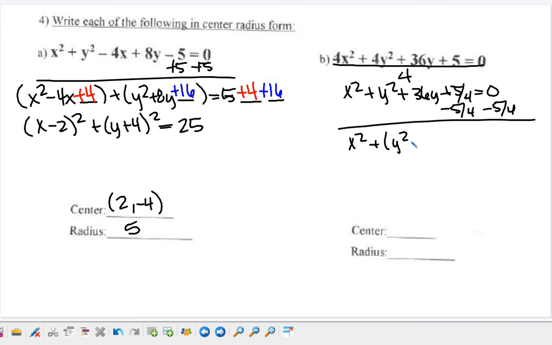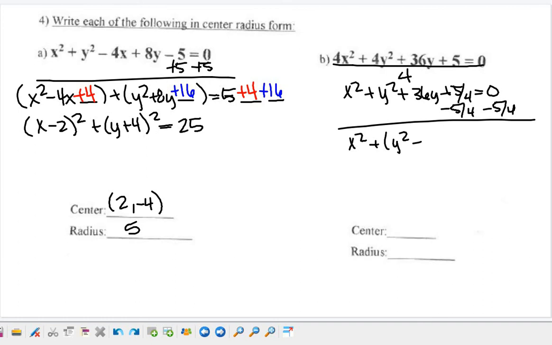And then I have y squared plus 36y with a blank, is equal to -5 over 4 and a blank. So half of 36 is 18. This is terrible. Oh, I didn't divide by 4. I know you were saying that very loudly and I wasn't paying attention. I can hear you now. I'm so sorry.